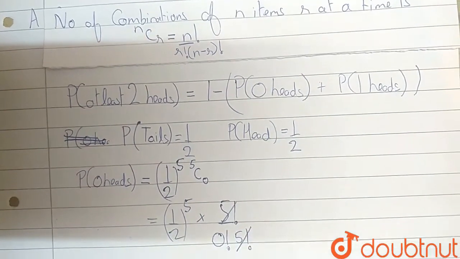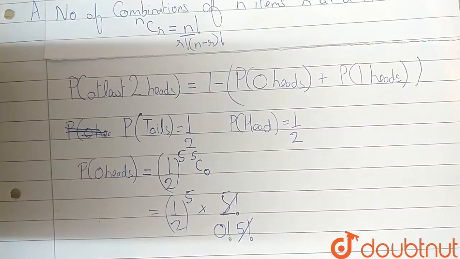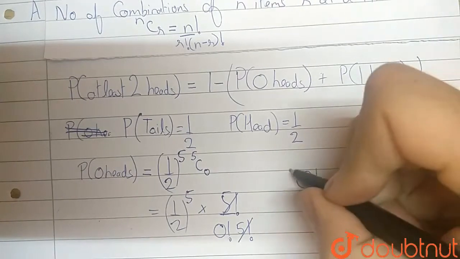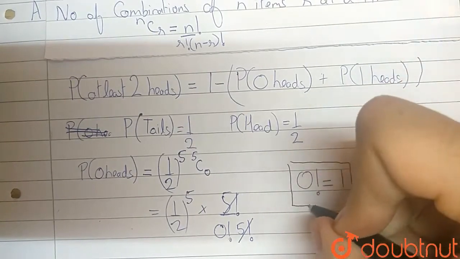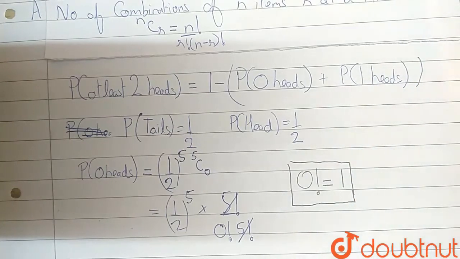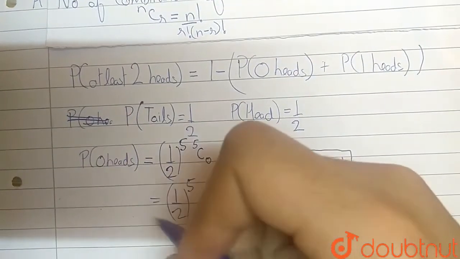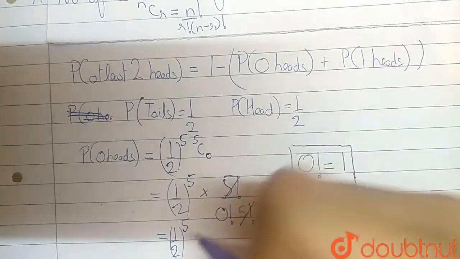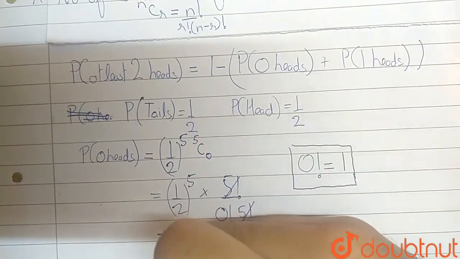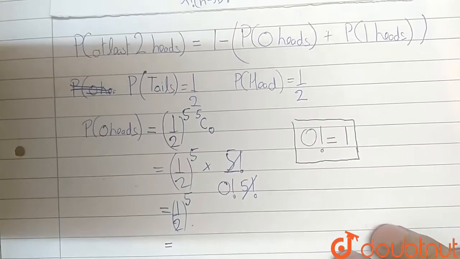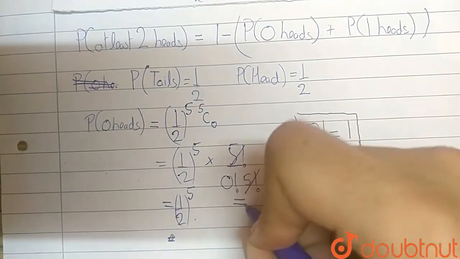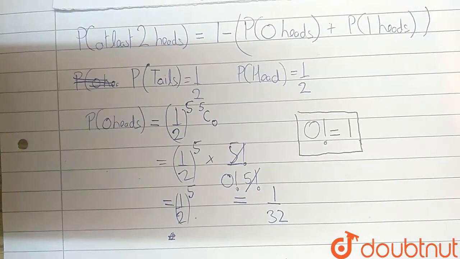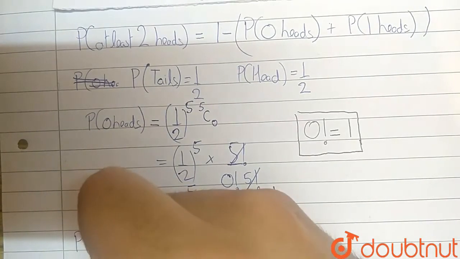This and this will get cut, and one important aspect to remember about factorials is that 0 factorial is equal to 1. It might seem like 0 factorial should be 0, but it is actually equal to 1. So using this we get probability of 0 heads is 1 by 2 to the power of 5, which is equal to 1 by 32.